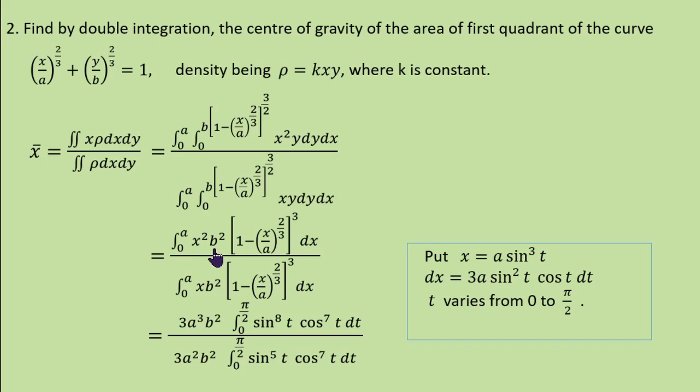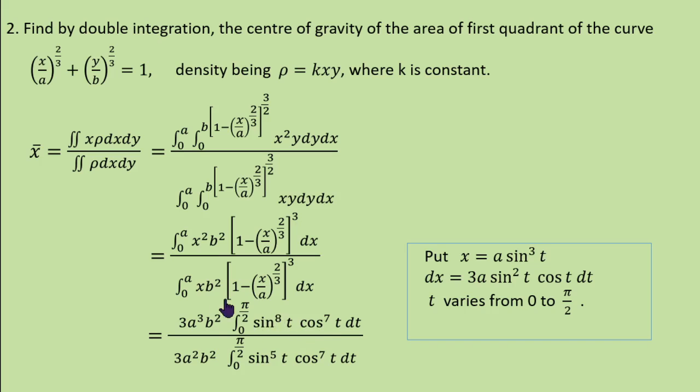And hence numerator becomes a square into this a, so 3a cube into this b square, and here from x square it is sin cube square is sin power 6 into this sin square, so sin power 8t, and this is cos power 6, and here one more cos, therefore cos power 7t dt. So this is the required answer.